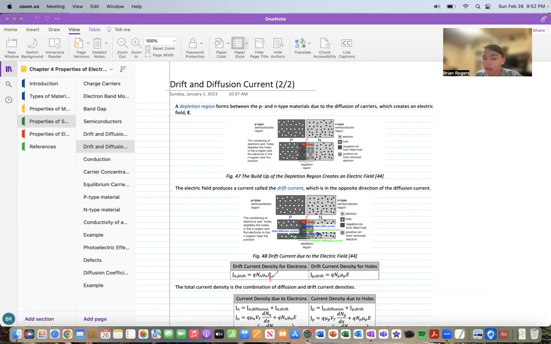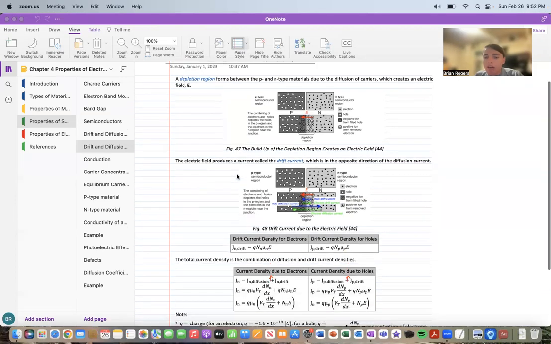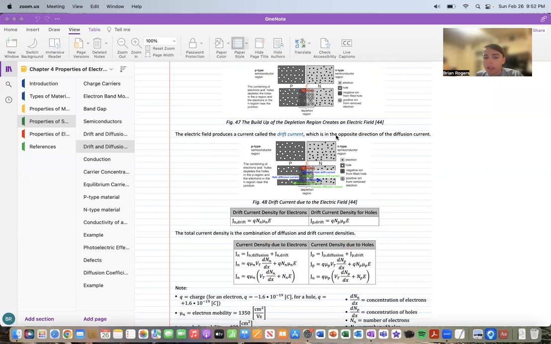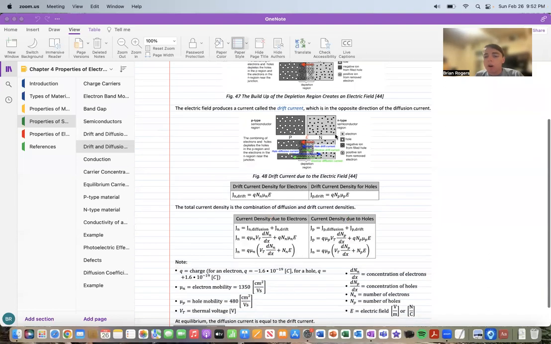So it makes sense that in the equation for the drift current, the electric field is there. And it's going to be the charge times, and then we're going to have n sub n and n sub p, which refer to our number of electrons or number of holes, respectively.